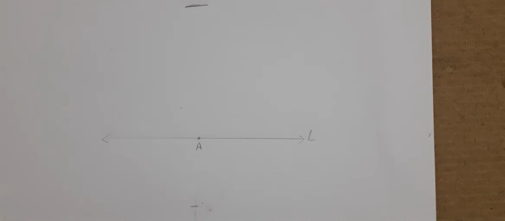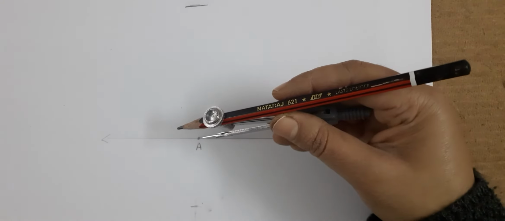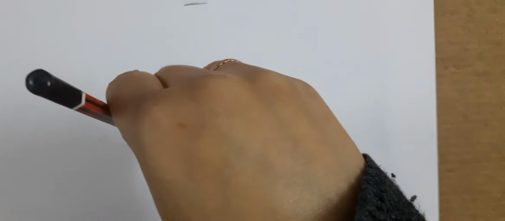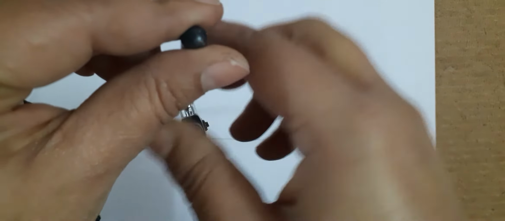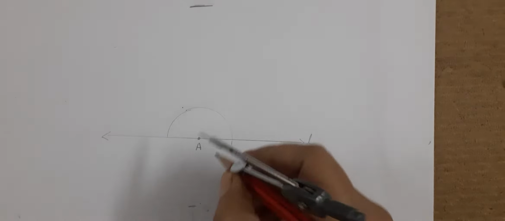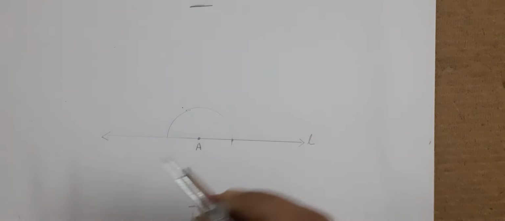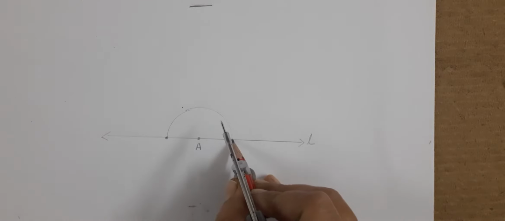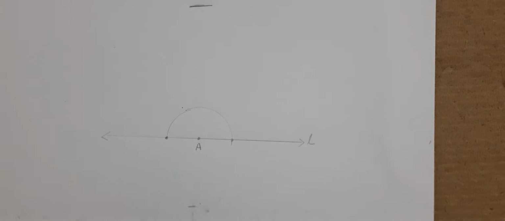For perpendicular, with A as center, first we will draw a semicircle like this. With A as center, you have to keep the needle here and draw a semicircle of any radius. Now, take these 2 points of the semicircle and with these 2 points as center, draw 2 arcs.